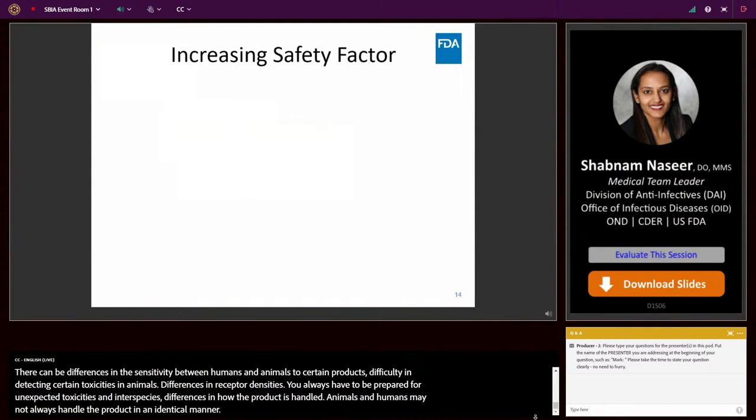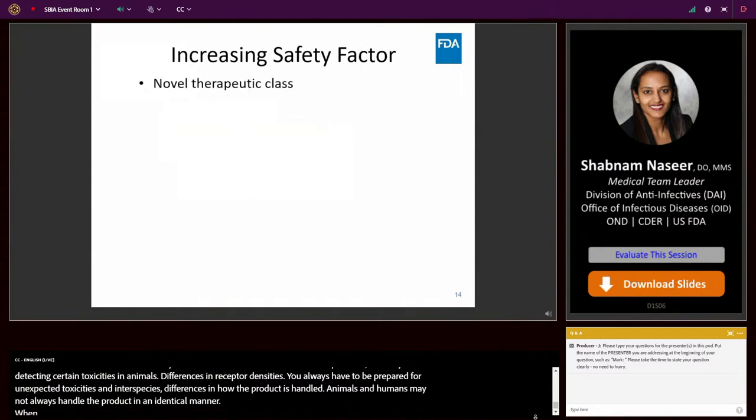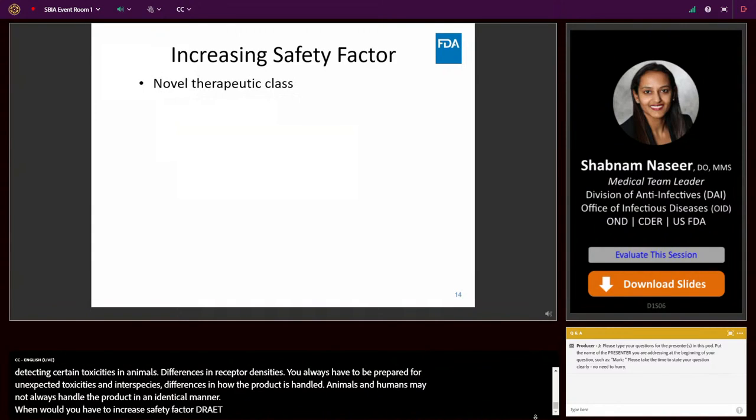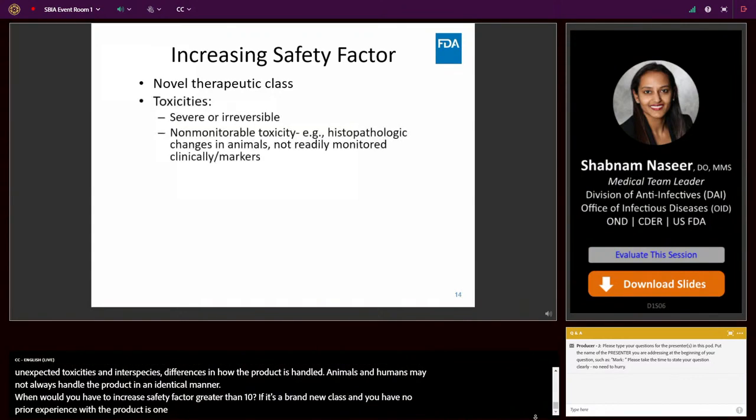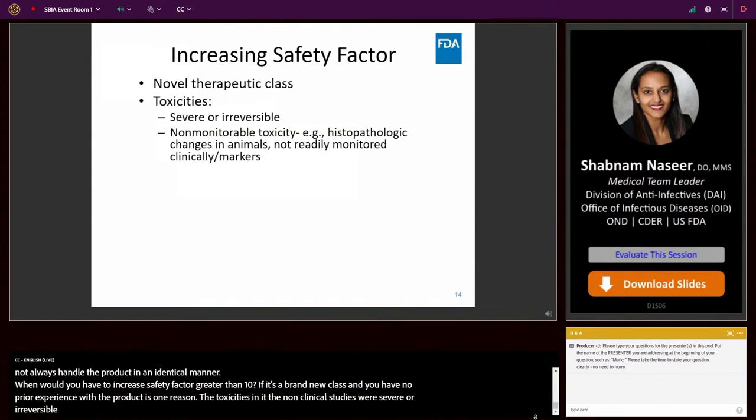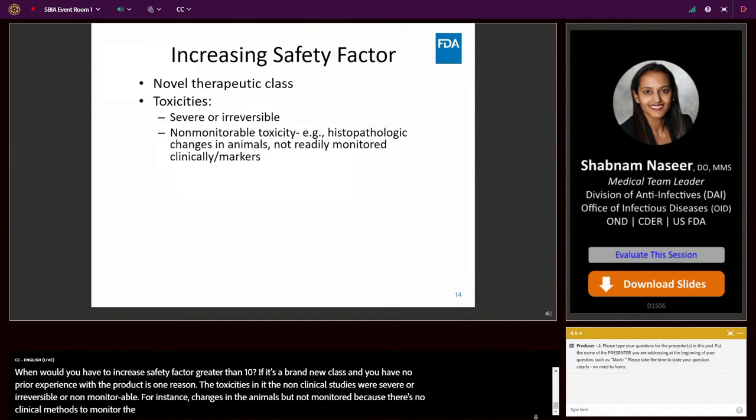When would you have to increase the safety factor greater than 10? If it's a brand new class and we have no prior experience with the product, that is one reason. The toxicities in the non-clinical studies were severe or irreversible, or they were non-monitorable. For instance, if you have histopathologic changes in the animals, but they were not monitored because there are no clinical methods to monitor the toxicities, or there are no biomarkers.